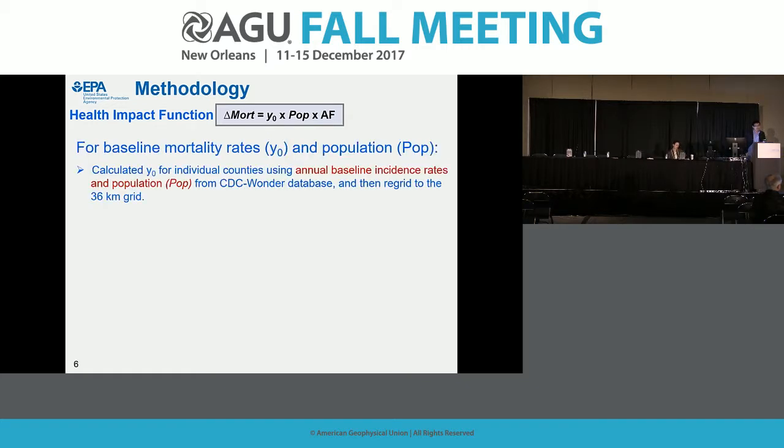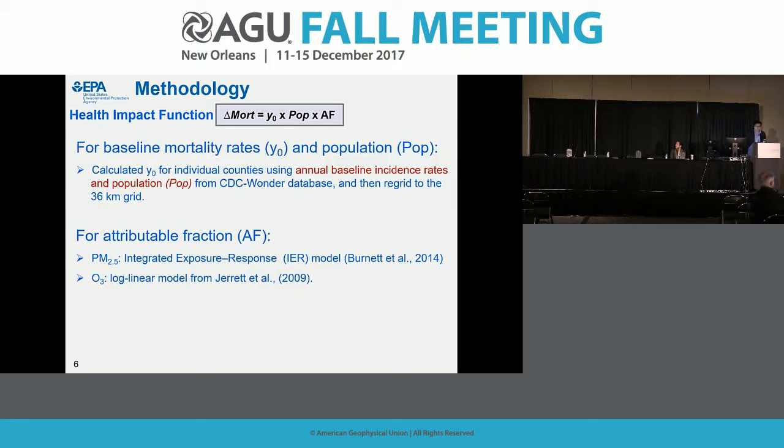Like I mentioned earlier, we take advantage of the county-level baseline mortality rate, calculated for individual counties from the CDC website, including the annual baseline mortality rate and the population. Then we regrid them to the 36 km grid to be consistent with our model outputs. For the attributable fractions, for PM we use the integrated exposure response, and for ozone we use a log-linear model from Jerrett et al. in 2009.